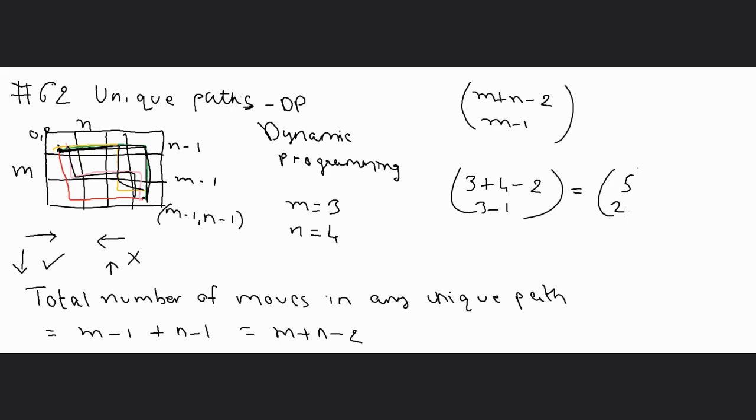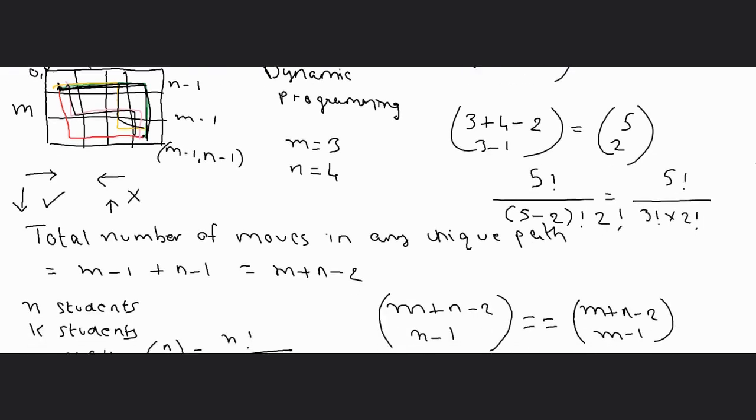which is equal to 5 choose 2, and that is n factorial divided by n minus k factorial times k factorial, which is equal to 5 factorial over 3 factorial times 2 factorial.